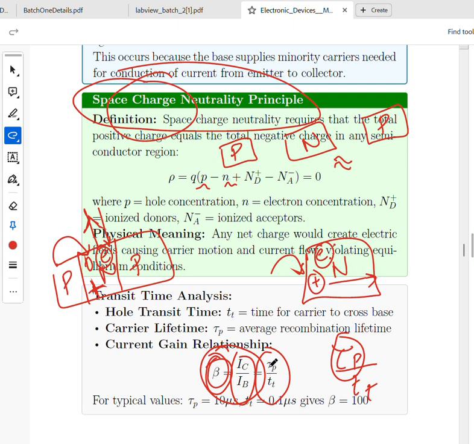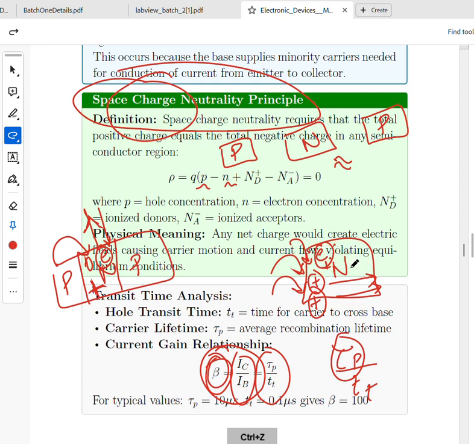That's the first time. Now another hole will enter, and it might also simply go across. Now the third hole which enters might recombine with this electron, and it becomes neutral again, all done, nothing transfers. Now another hole will go, and again one electron will be injected because a new hole comes.